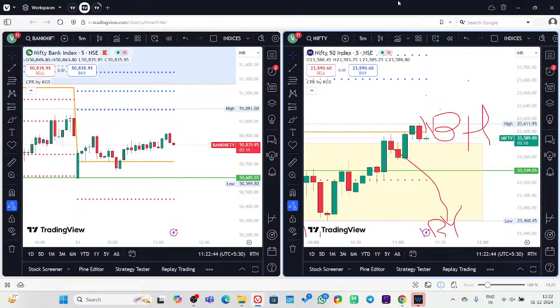Bank Nifty is also rejecting from the initial balance high, which is a good sign.